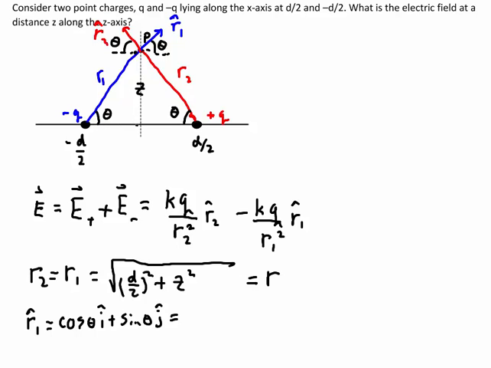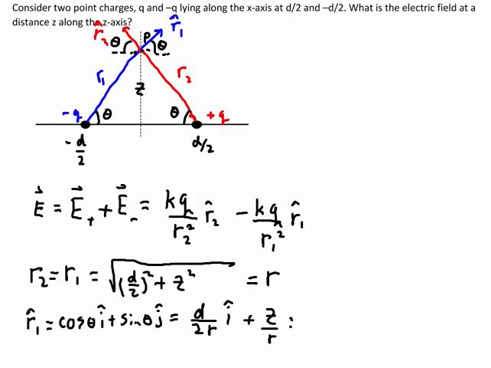That's this side, which is D over 2 divided by the hypotenuse, which is R. That's i hat.